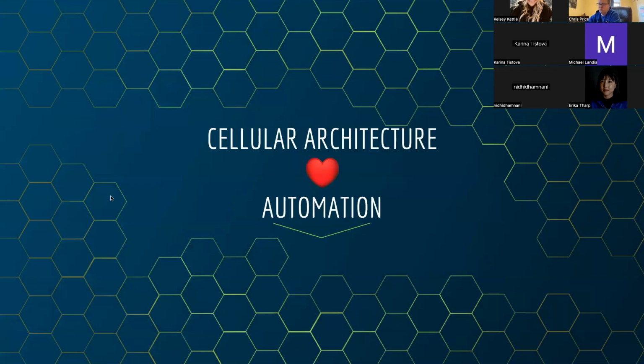It's really crucial to be able to figure out how to automate a lot of the repetitive tasks in order to make sure that you can manage all of the cells that you create without consuming too much engineering time. So I'm going to be tying these two concepts together quite a bit in the talk today.